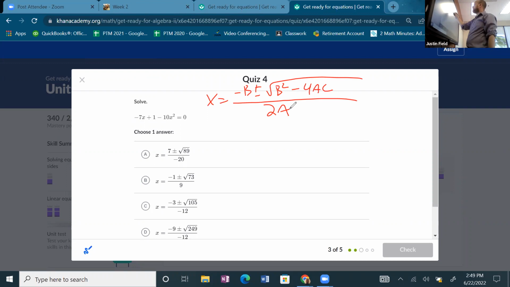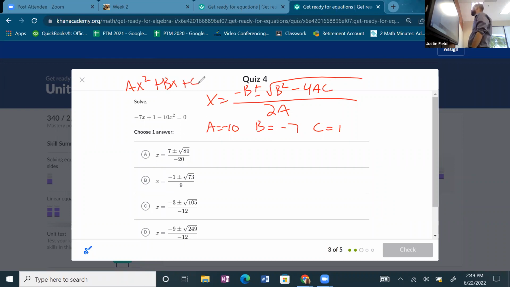And what are a, b, and c? A is -10, B is -7, and C is 1. They tried to trick us, but I know it's supposed to be ax squared plus bx plus c.